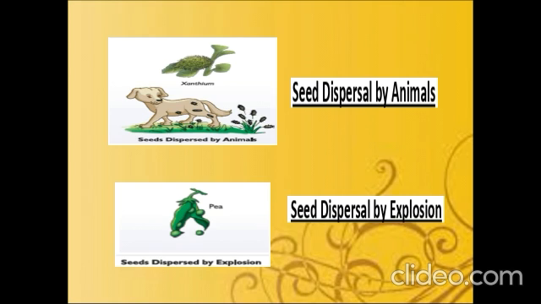And also dispersal by explosion, that is self explosion. Plants such as peas start to explode after attaining maturity. While exploding, the seeds inside the peas get dispersed over various areas. So in this way, the seed is dispersed by explosion.